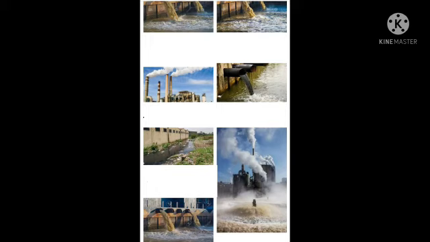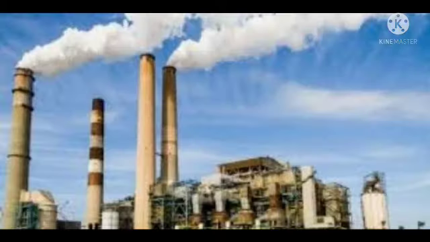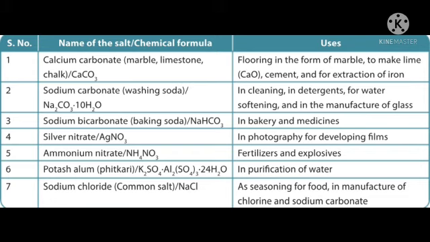Salts are mostly solids which melt and boil at high temperatures. Then solubility in water: some salts are soluble, some salts are not soluble. Then water of crystallization: hydrated salts that have lost their water of crystallization are called anhydrous salts. Next, uses of some salts.